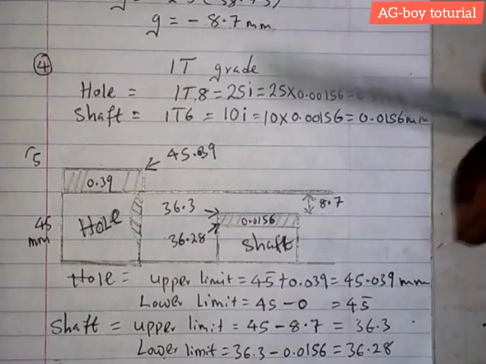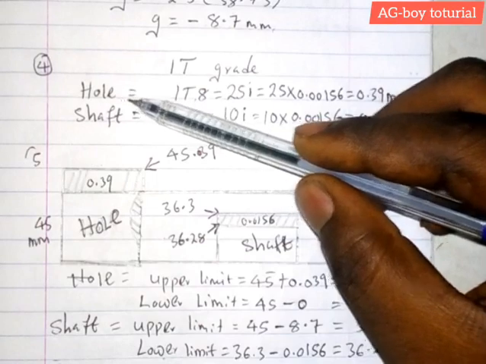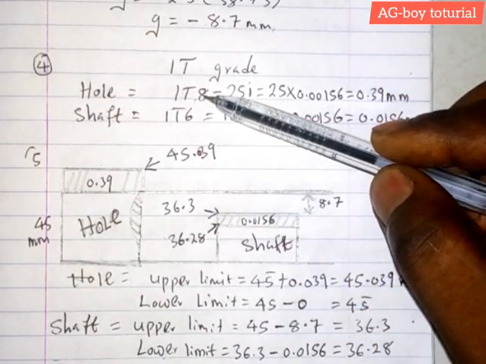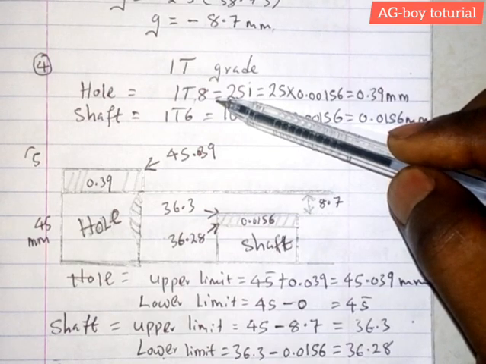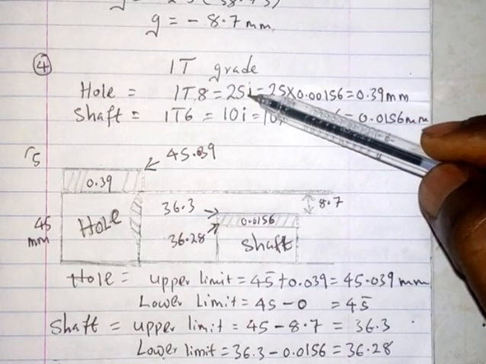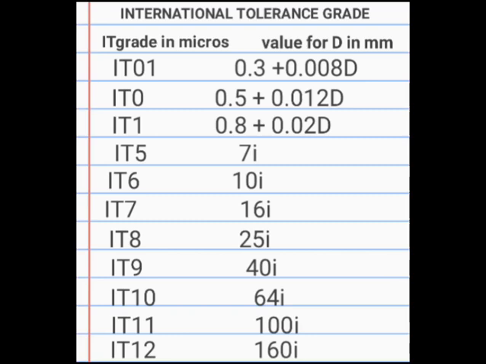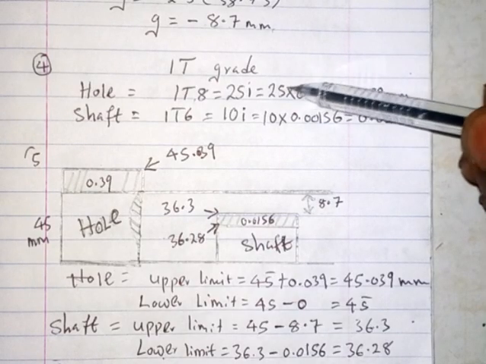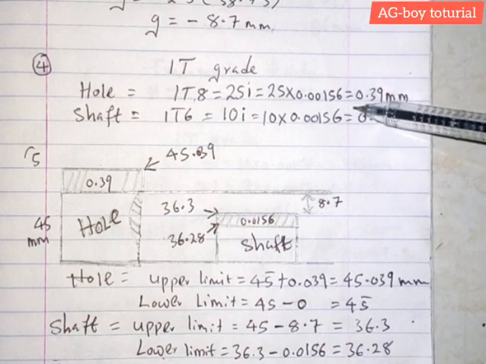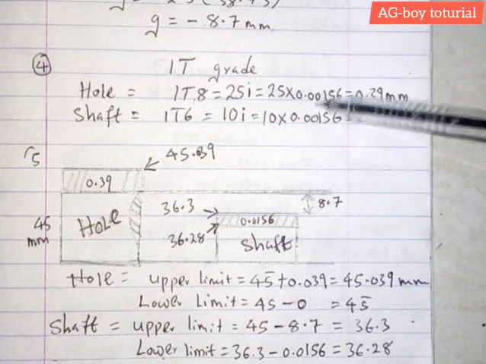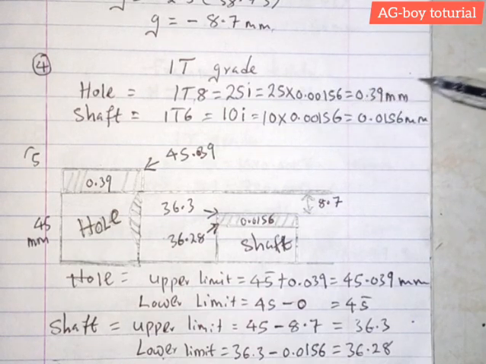Now for our IT grade for the hole, we have IT grade 8, and if you check on the chart, it's 25i. So it's going to be 25 times 0.00156 for our I, which is equal to 0.039 mm.